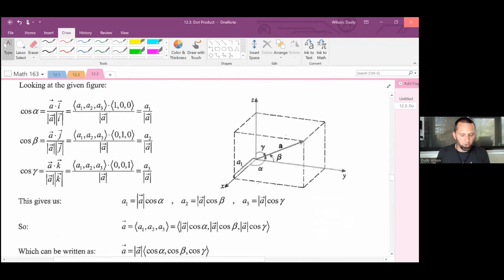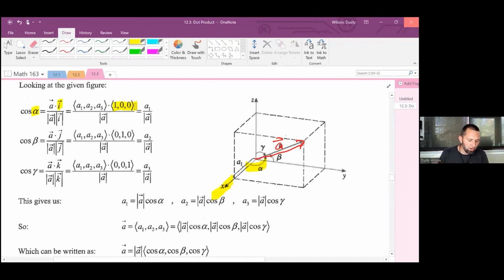So let's start by looking at the picture. If we have a vector A here, then we would describe the direction angle made with the x-axis as alpha. And you'll notice we can represent the positive x-axis by just looking at the i vector, which is 1, 0, 0.